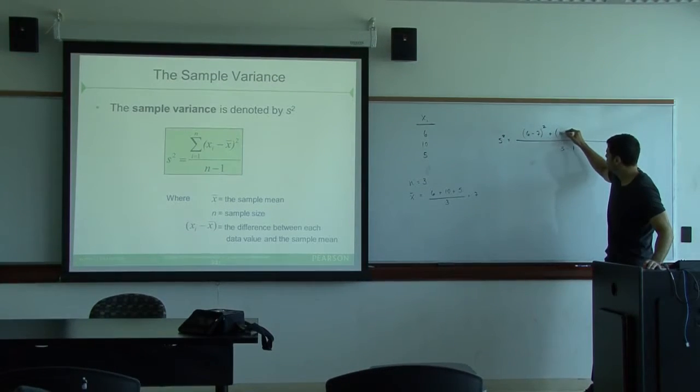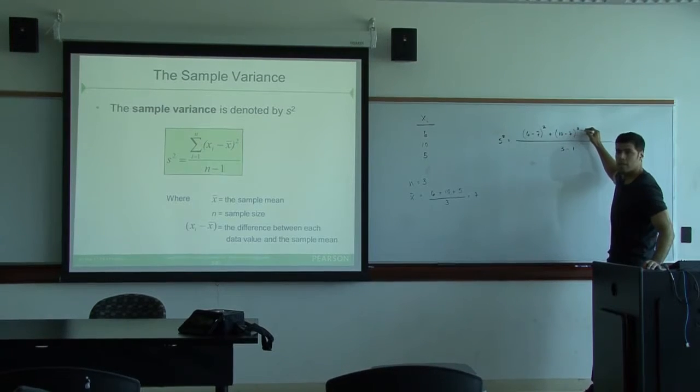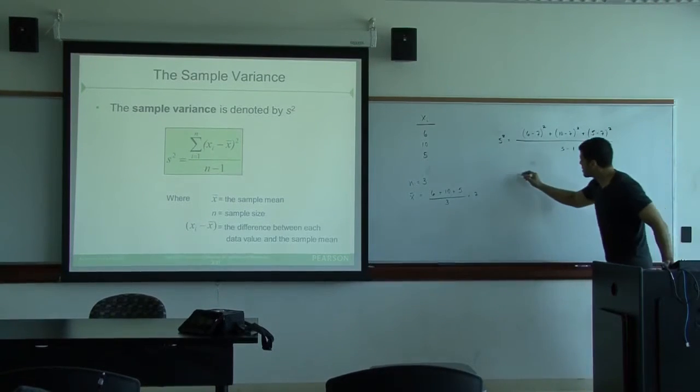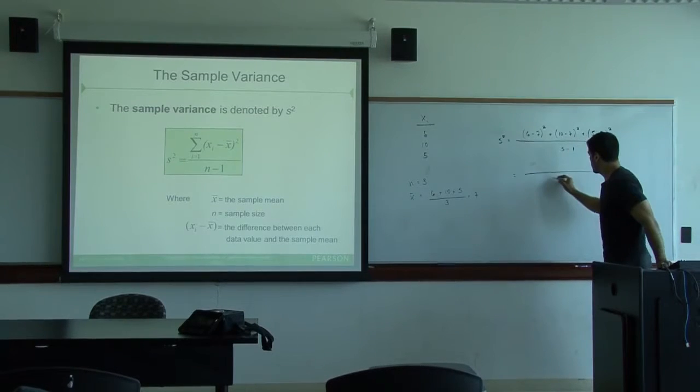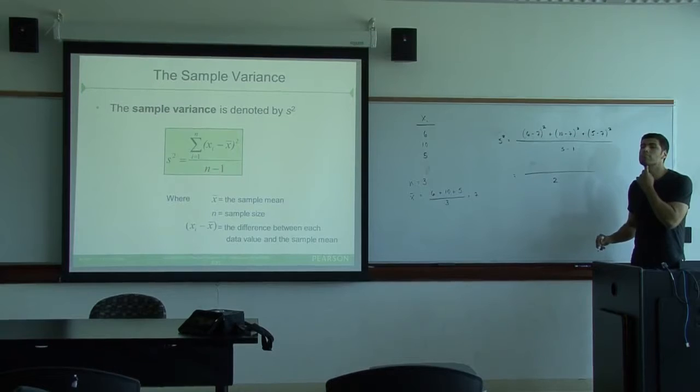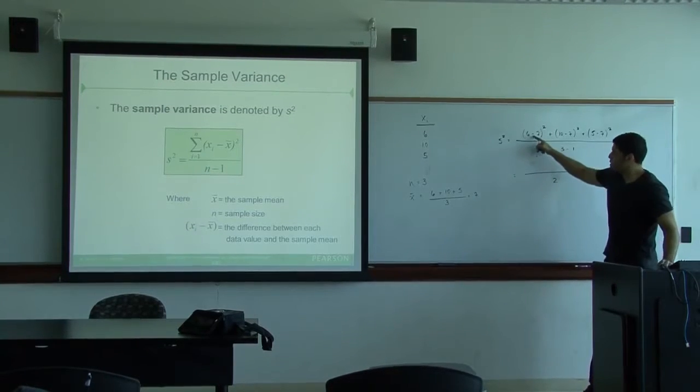What is it? 10 minus 7 squared, plus the last one, which is 5 minus 7 squared. So I'm going to write it all out. I guess I'll do it once. Here you're going to have 2 down here, and up here you're going to have what?